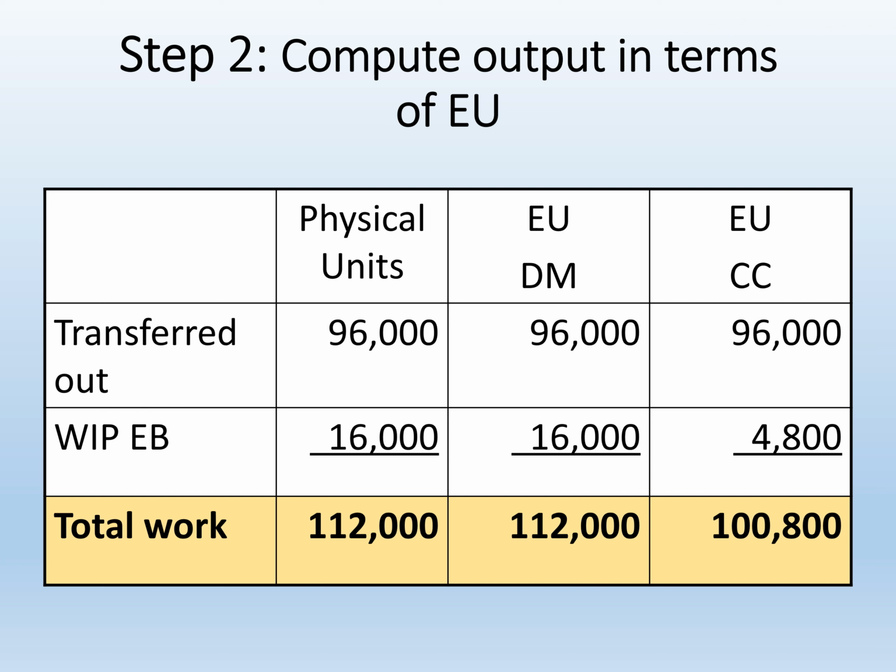By contrast, the equivalent units for conversion costs is less than the total number of physical units. That happens because the units that are in the work in process ending inventory aren't finished for conversion. We will need the number of equivalent units for direct materials and for conversion costs in the next step.